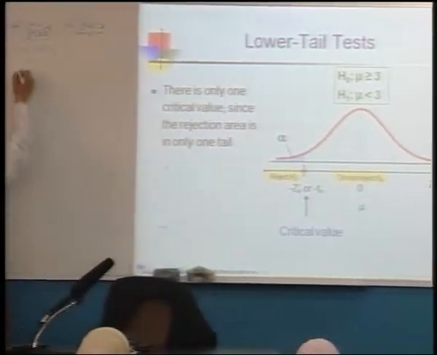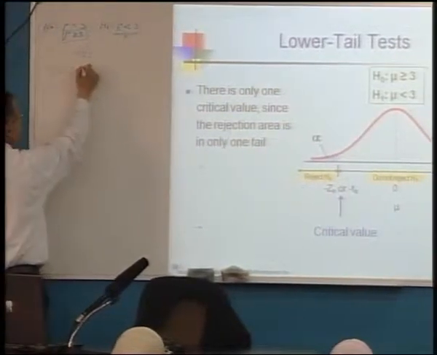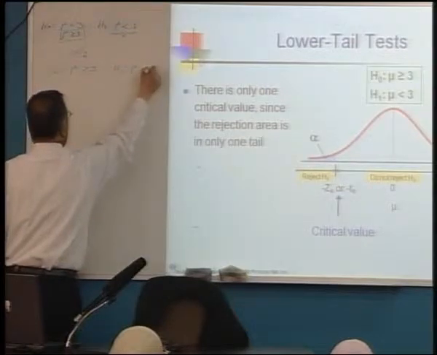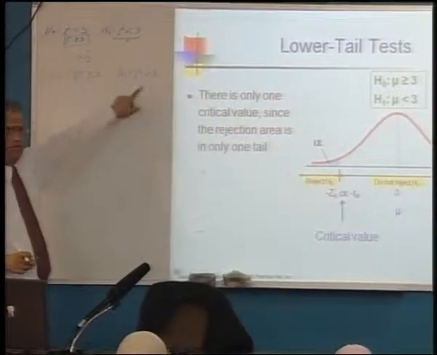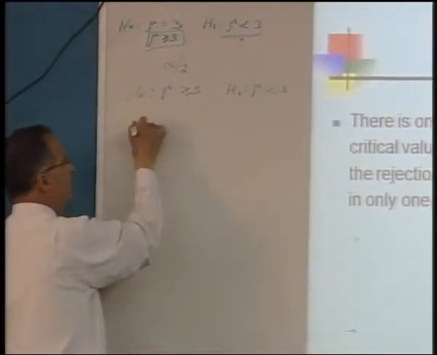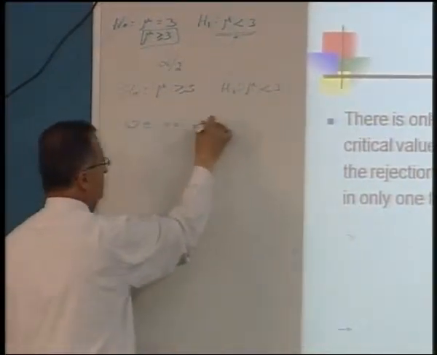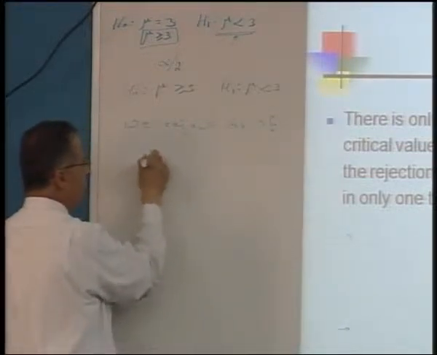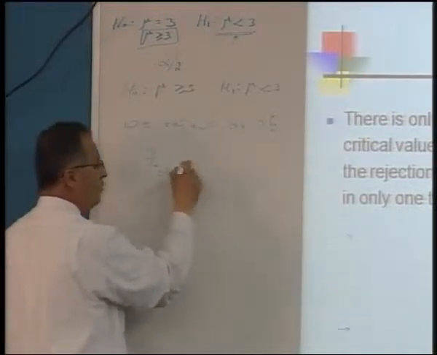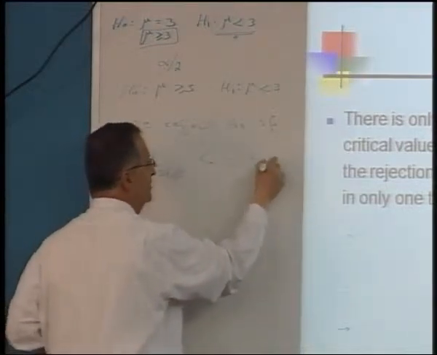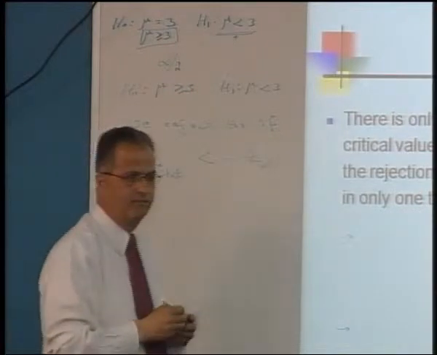For this particular hypothesis, if we are testing mu smaller than 3, then we may reject H0 if we use this statistic, z or t statistic, and it is smaller than minus z alpha or minus t alpha.